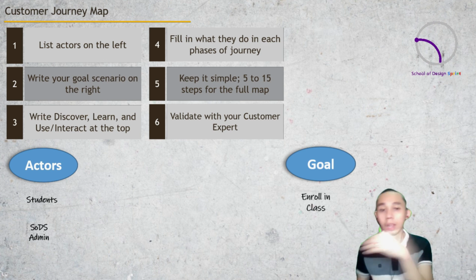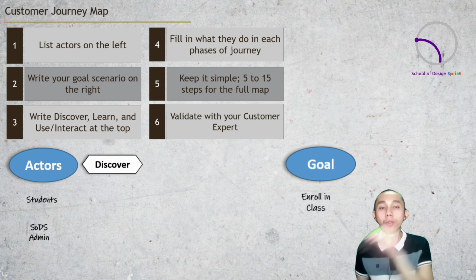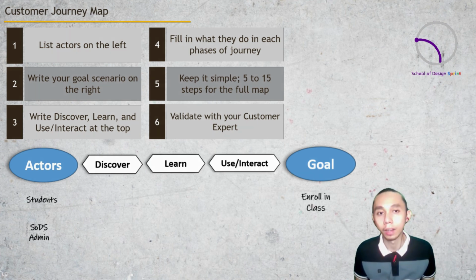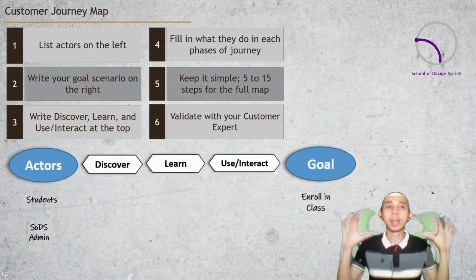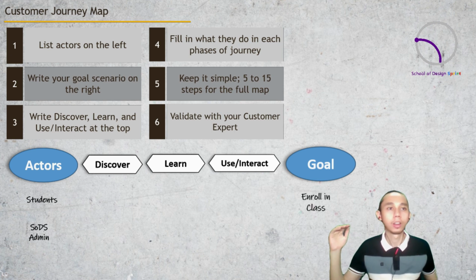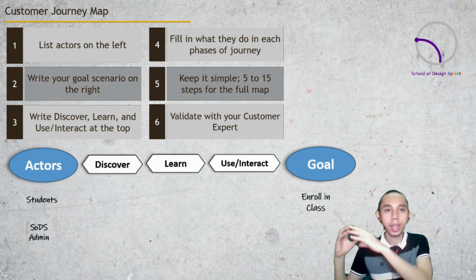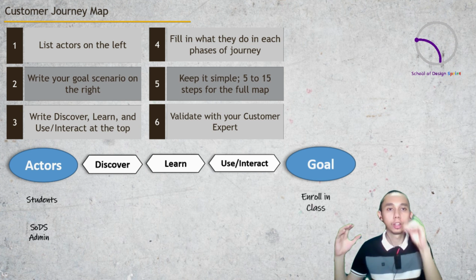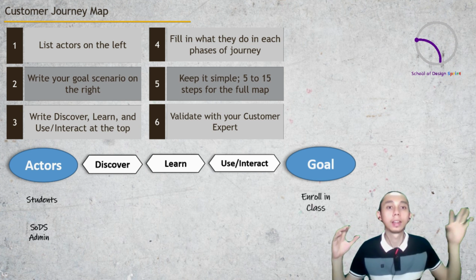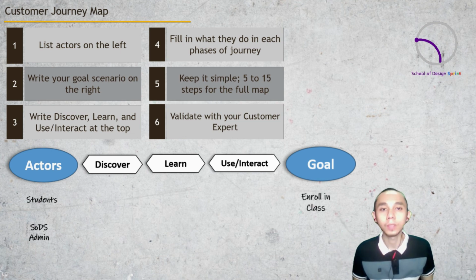So in the middle, that would be the discover, learn, use, and interact. Okay, again, on the top side, you write actors. On the right hand side, you have your goal. And then from the actor side, you have discover, and then learn, and then use or interact, and then the goal. All right.